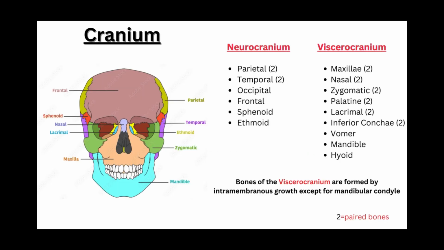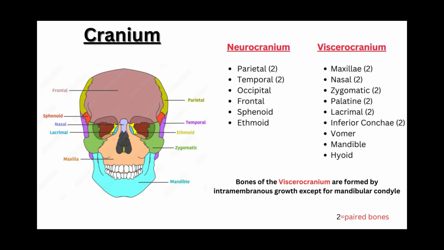So the first topic is the cranium. It's a very basic understanding we should have about the cranium, that it is divided into neurocranium and viscerocranium. What is neurocranium? Neurocranium is the bony case of our brain, and it also has the membranes, that is the cranial meninges.